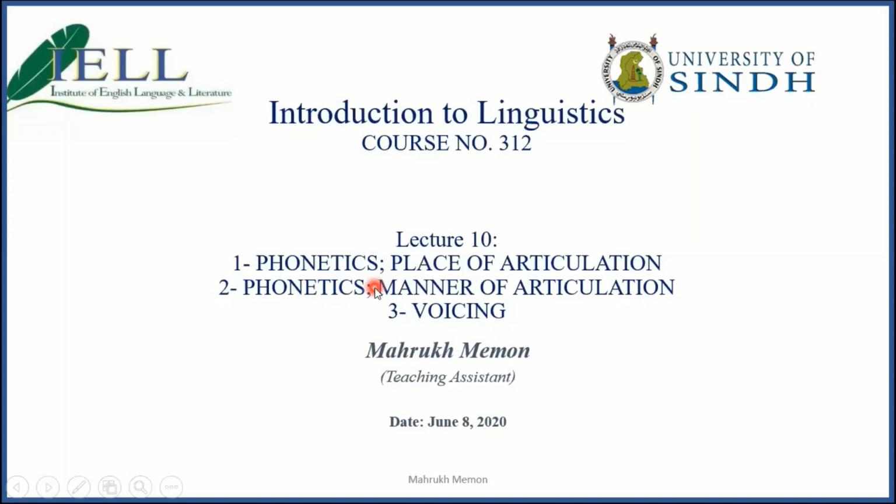Second we have manner of articulation. We would find out how one consonant differs from another according to the manner through which it is articulated. The last feature is voicing. We will discuss what voicing is and how it distinguishes one consonant from another.